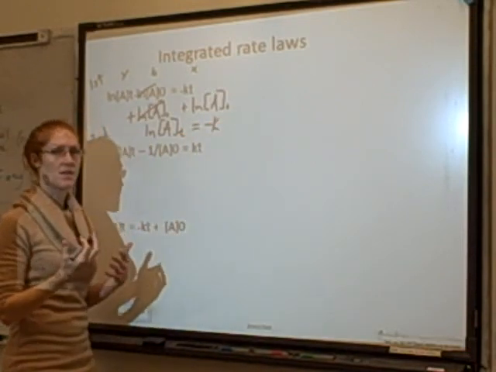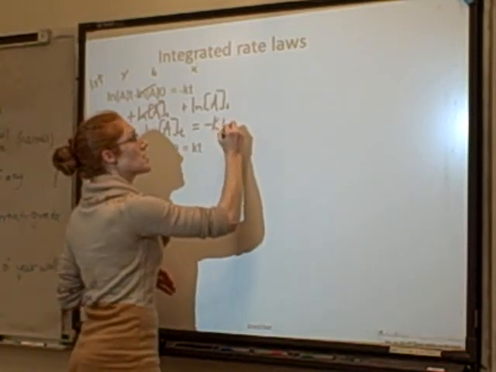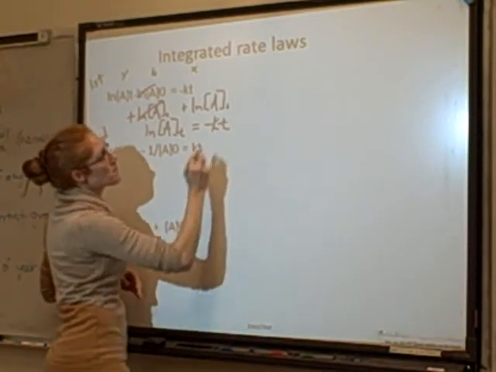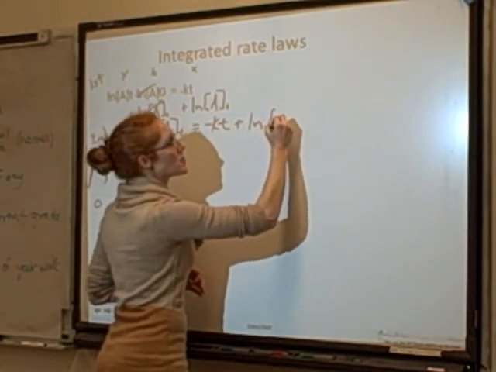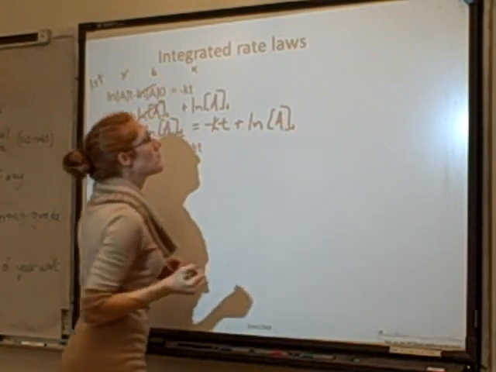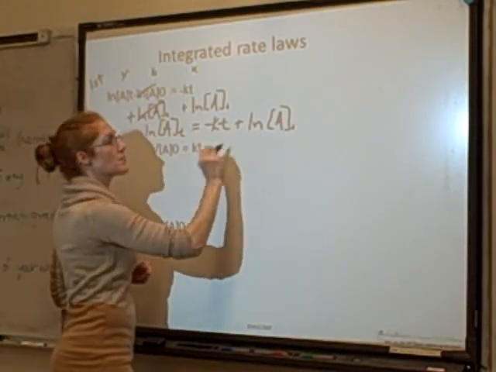So that's kind of the factor that's relating how fast concentration changes, times how much time has gone by, plus the natural log of your initial concentration. So what that means is y, right here, equals mx plus b.